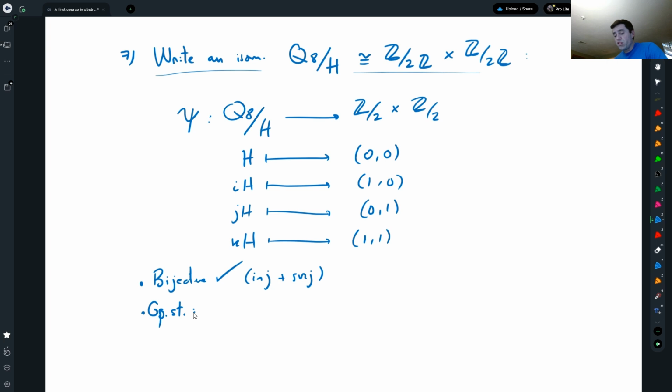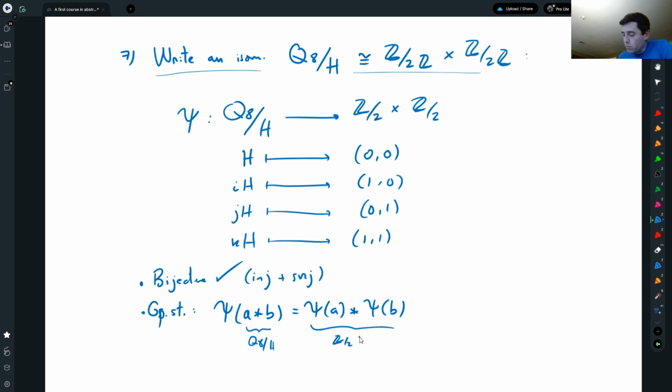So how does it respect group structure? We want something like psi of a star b is always psi of a star psi of b, right? Where the left side would be happening in Q8 modulo H, and the right side would be happening in Z modulo 2 cross Z modulo 2.